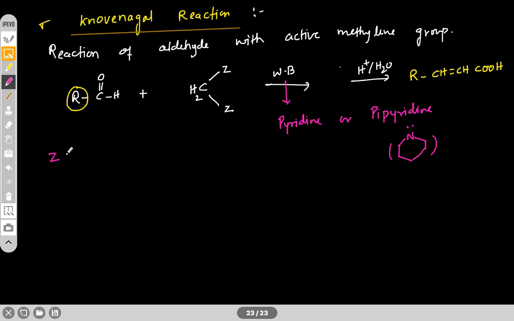What is Z here? Like I said, it is any electron withdrawing group.